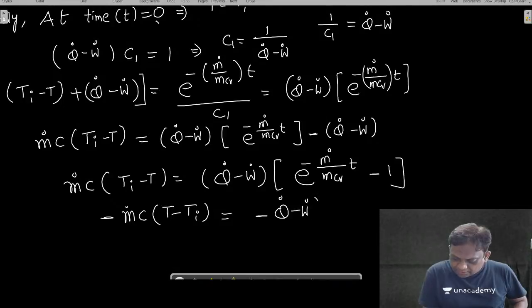Q dot minus W dot, okay, I will take minus common, so 1 minus e power minus m dot by mCV into t.